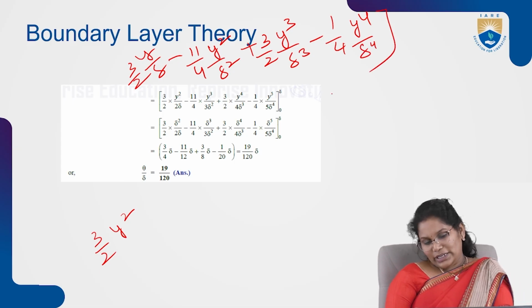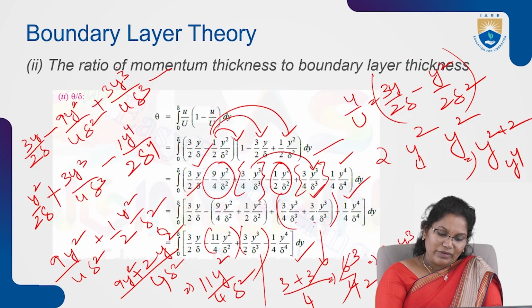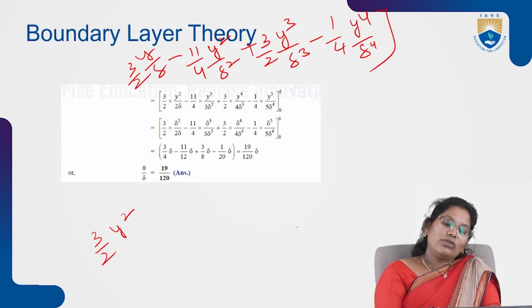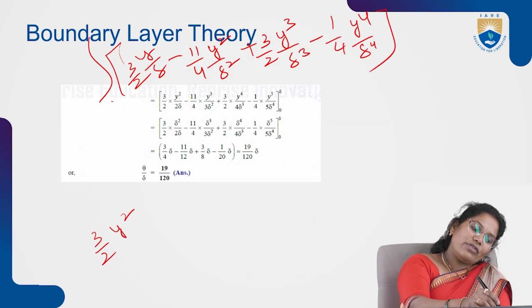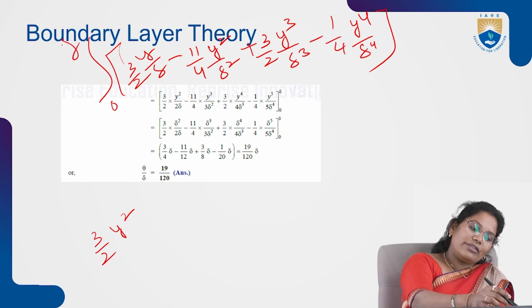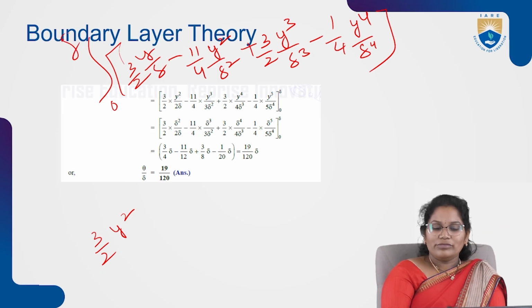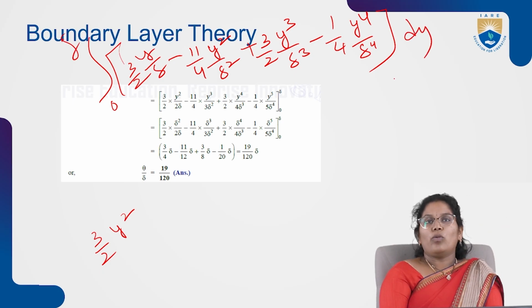This is the equation we got from the previous. Right? So for this we have to integrate 0 to delta with respect to y.